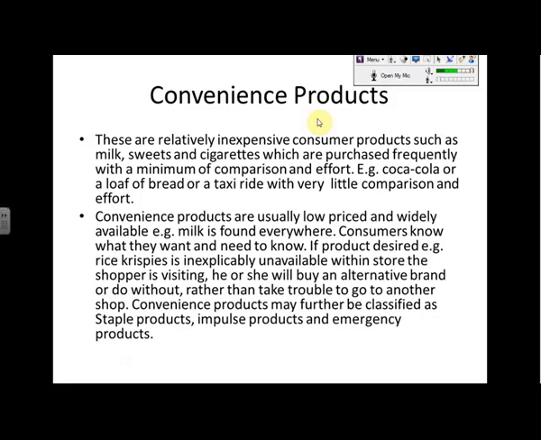And hence, when you don't find them at the point where you would have gone, you don't normally have to say, no, let me go look at the other shop. You normally just buy the substitute, or the one brand that is available. Why? Because these are convenience foods. They are almost very similar.